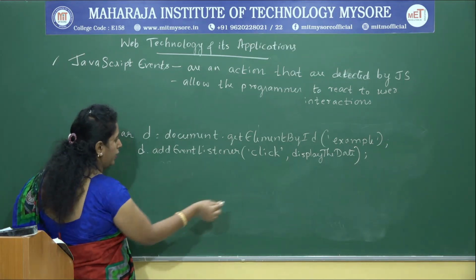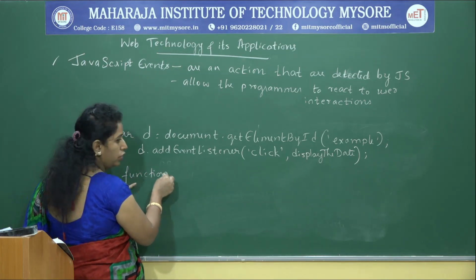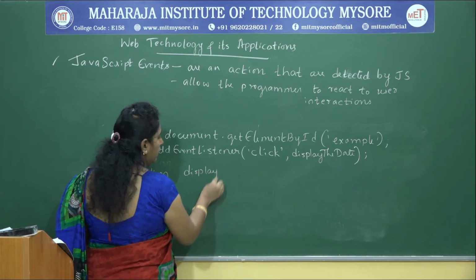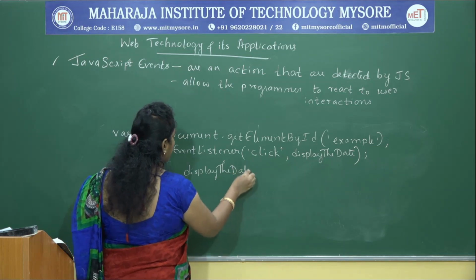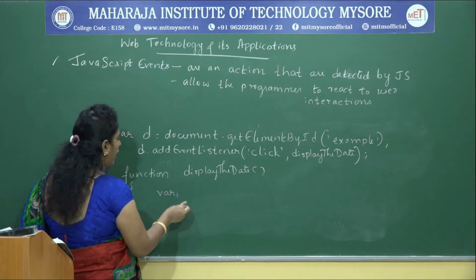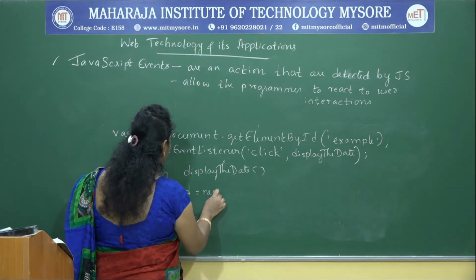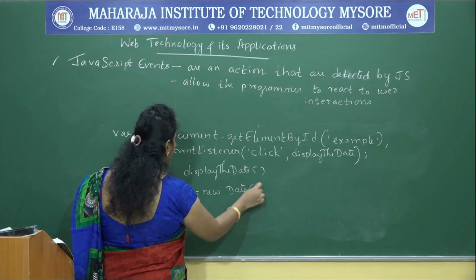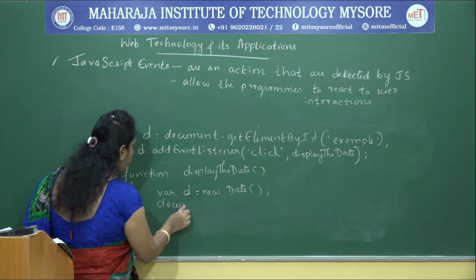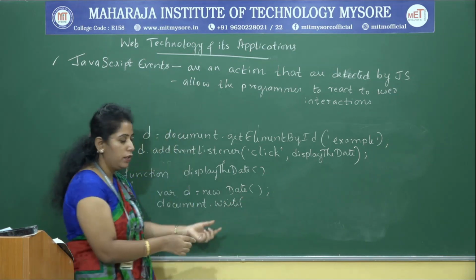Next, displayTheDate is a function, and we need to define that function. How to define? With the function keyword. Then what is the function name? displayTheDate. Here I have to take one variable, where the variable name is D equals new Date. Date is an object used to create a date. Then to print I have to use document.write.